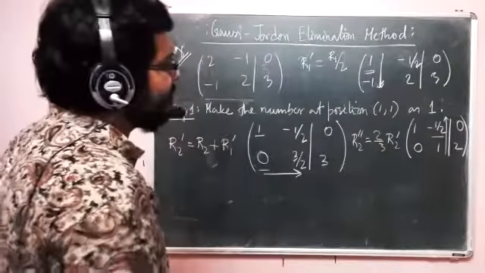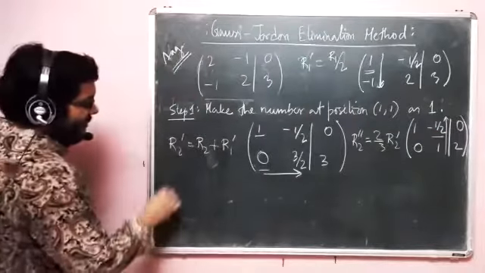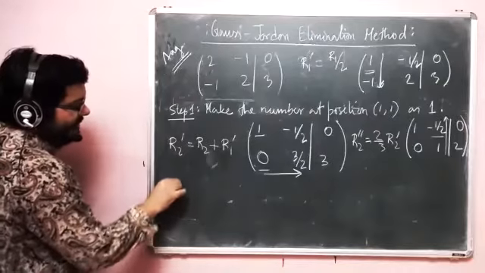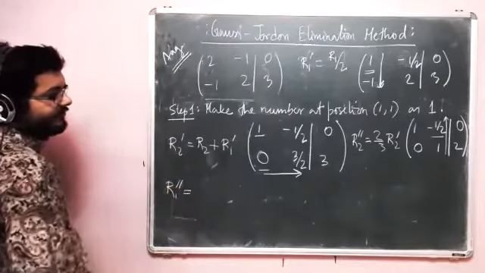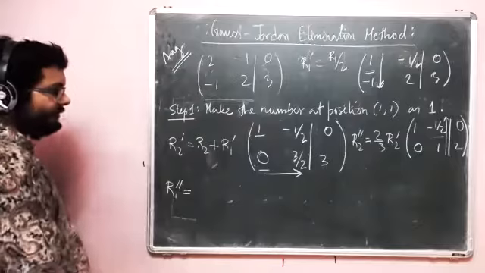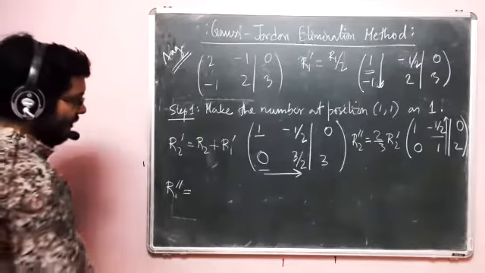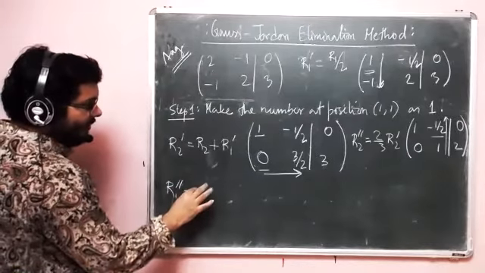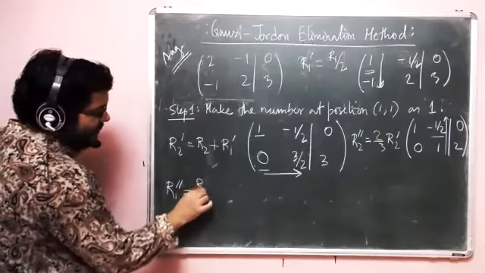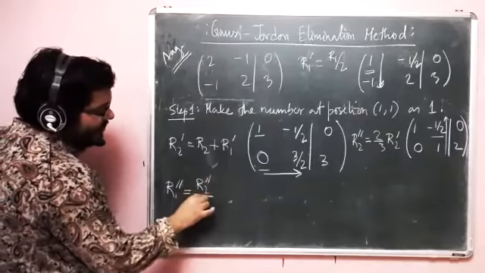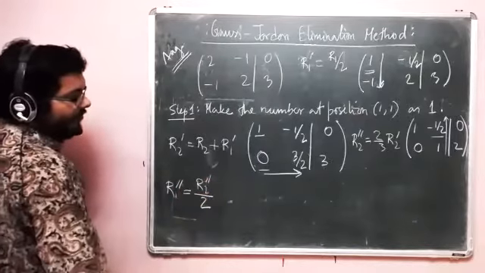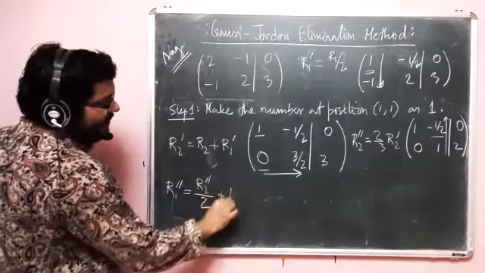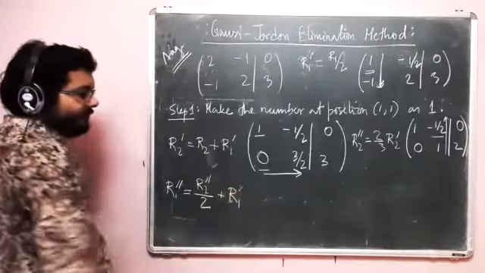Now the last one, I go in this direction to make this one 0. That's very simple. So R1 double dash will be R2 double dash by 2 plus R1 dash.